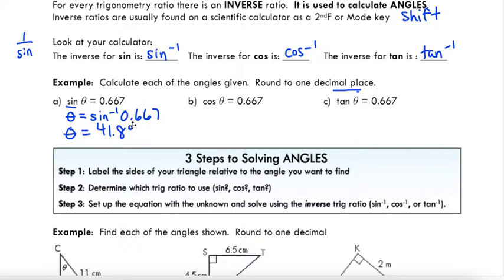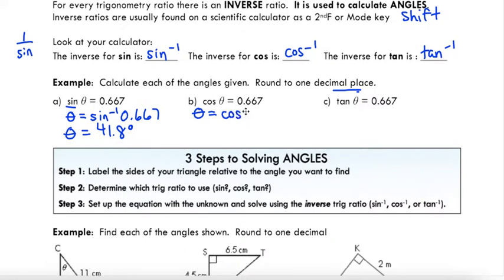And this is an angle measurement, so we need to include our degree symbol. Please play around with your calculators to make sure that you can get these final answers. If you're running into some difficulties, please let me know and we can work through how your calculator works. So we can use the inverse operations for each of our three trig ratios. When we isolate for the angle, we get rid of the cos on the left-hand side.